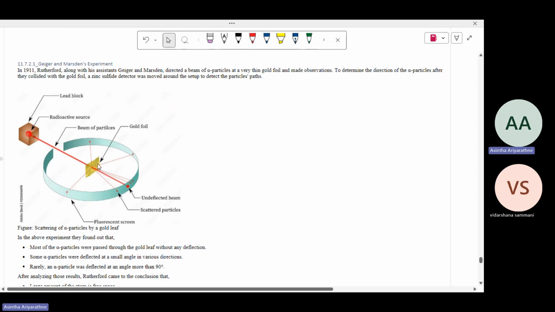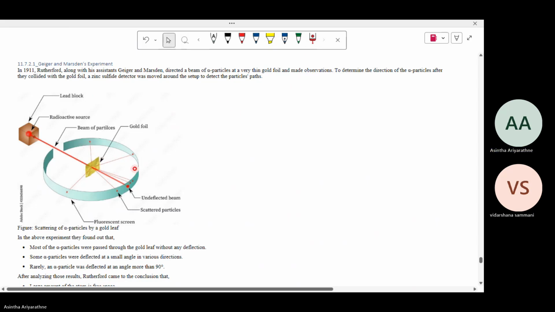Most of the alpha beams would go through the gold foil with little deflection, and they would hit this fluorescent screen, which is used to capture the alpha beams. And some, as you can see here, might be completely deflected.